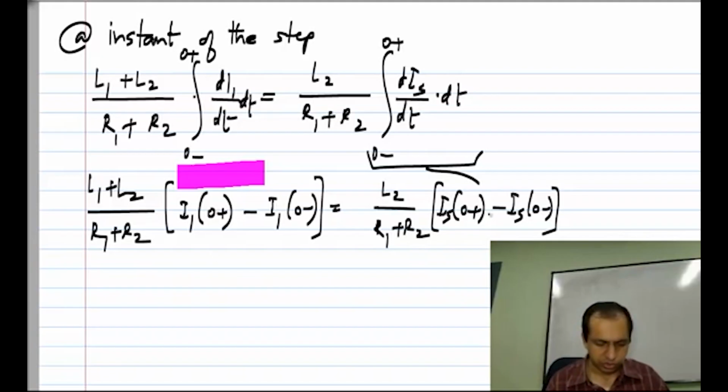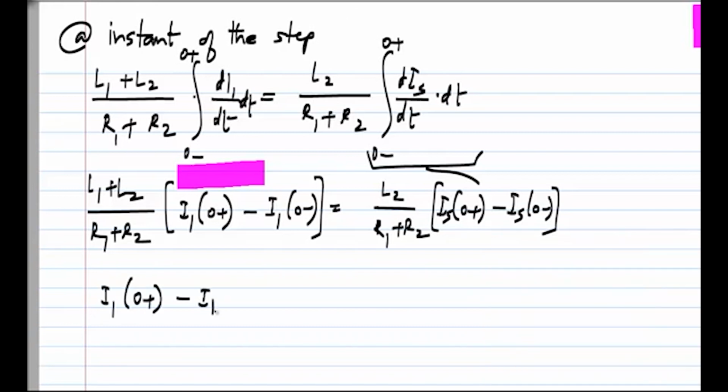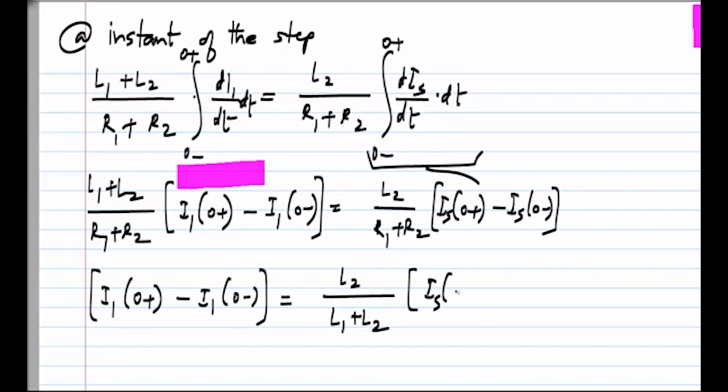So what this tells you is that R1 plus R2 in the denominator will cancel out. So we will have the change in current across the instant of the step will be L2 by L1 plus L2 times the change in the source current.